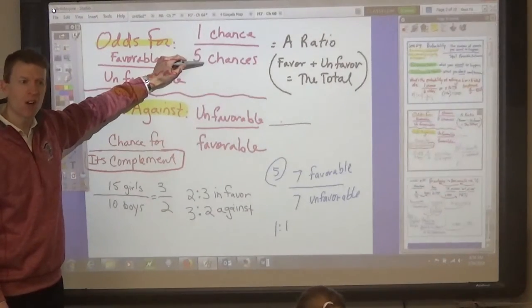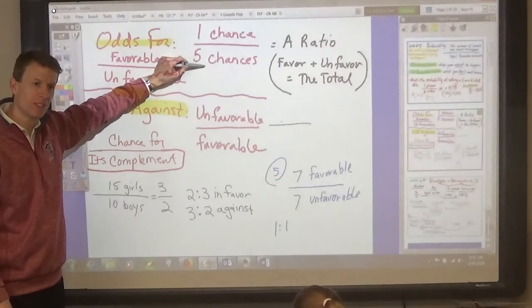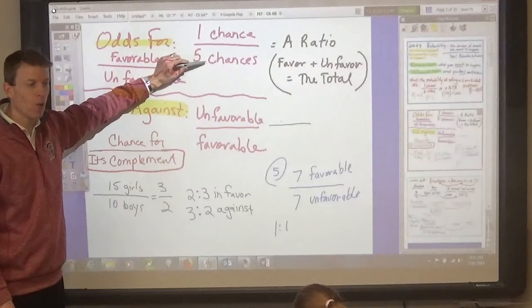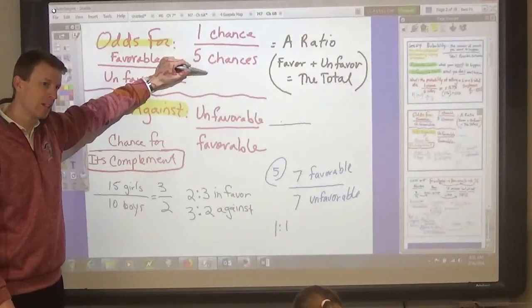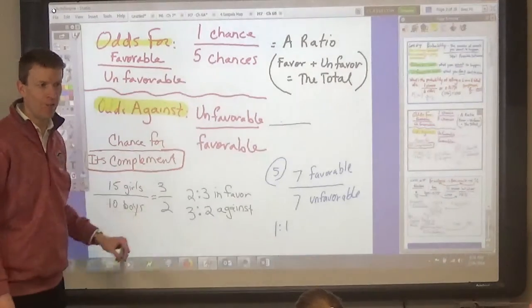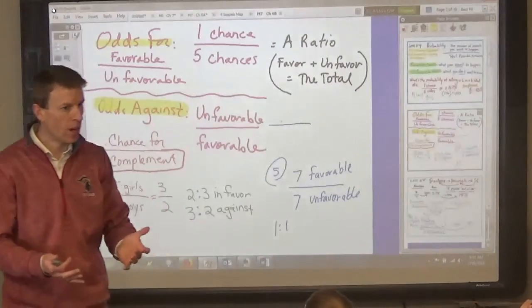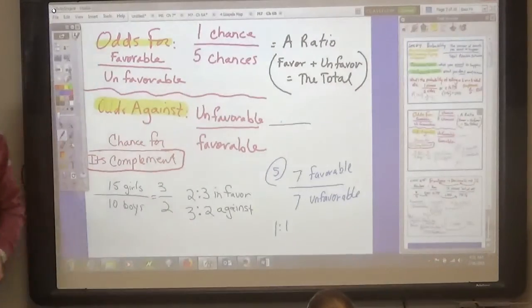That's called the odds. Yeah. What are the odds then of not rolling a 6? Aiden, see it. 5 to 1. The odds of not rolling a 6 are 5 to 1. That's how you'd express that, as a ratio, yep.